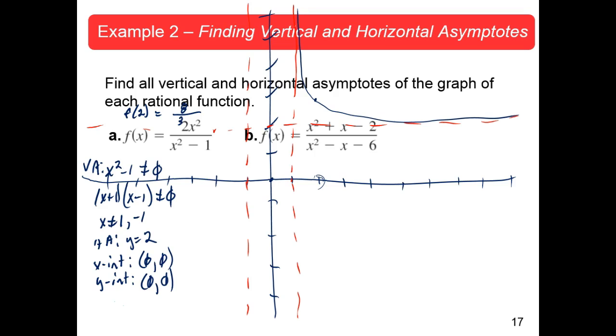-2 sounds like a great idea. So now we're investigating this side. This time we're doing -2. You tell me what happens when we plug in a -2. -8, because -2 squared is +4, times 2 is +8, and a -2 here is +4 minus 1.